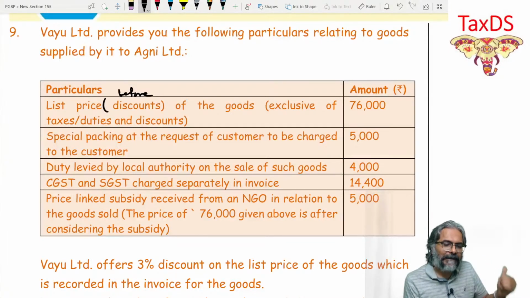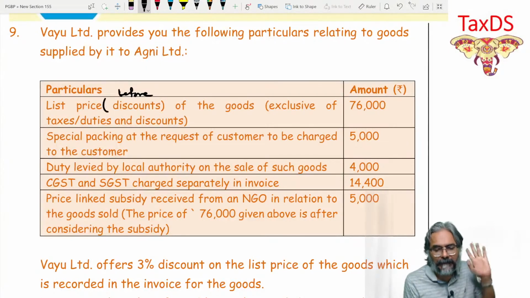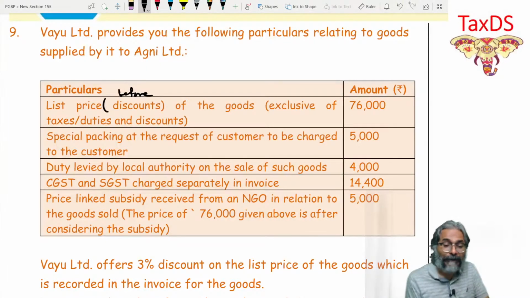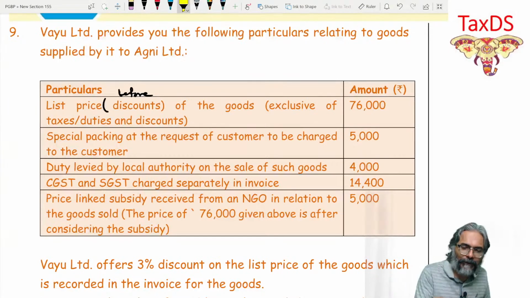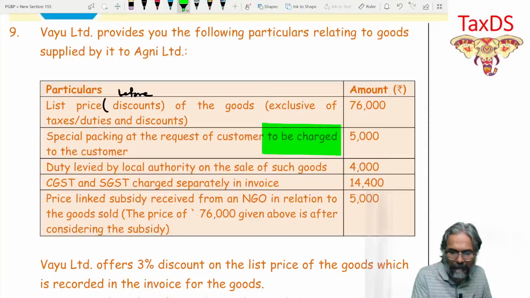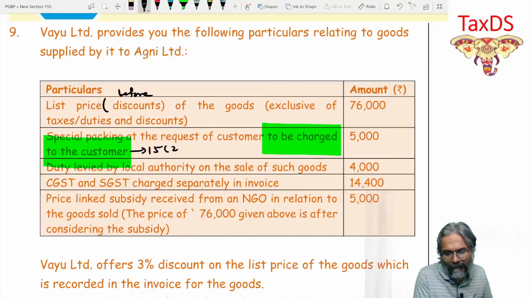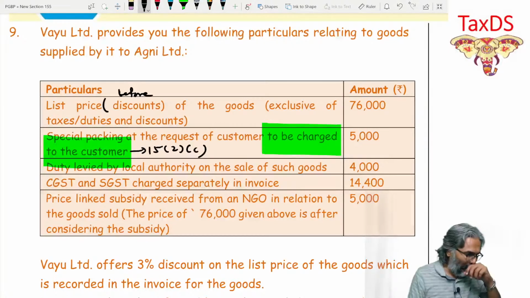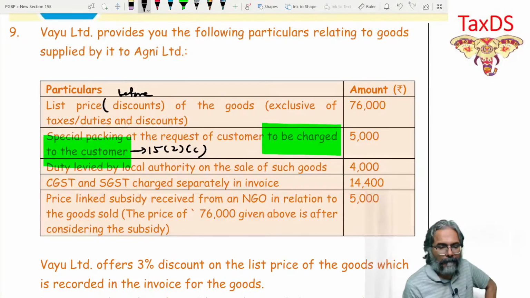On that, there is a special packing at the request of the customer to be charged to the customer. To be charged to the customer, students. Did you get this one or not? That exactly is the game. And that brings you to 15.2c.